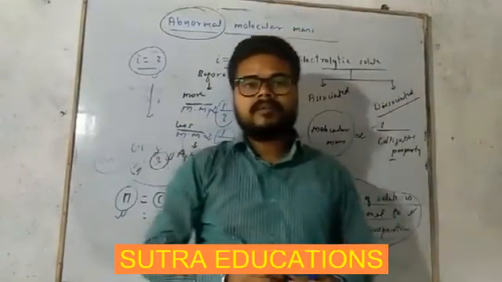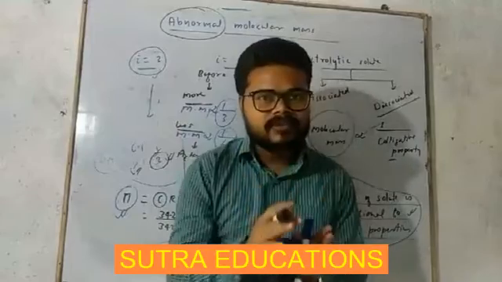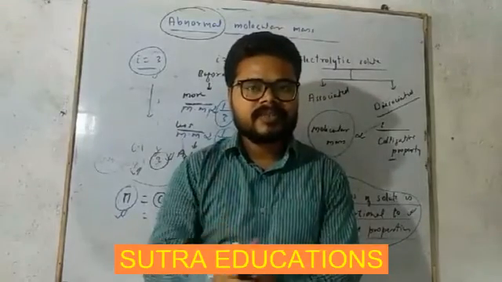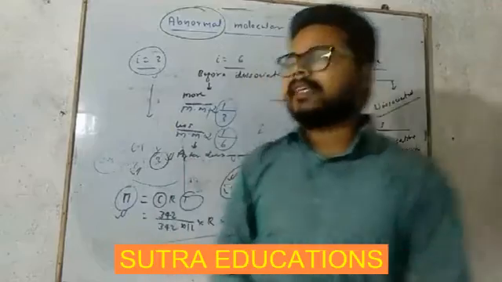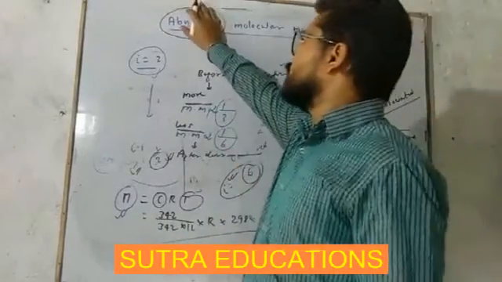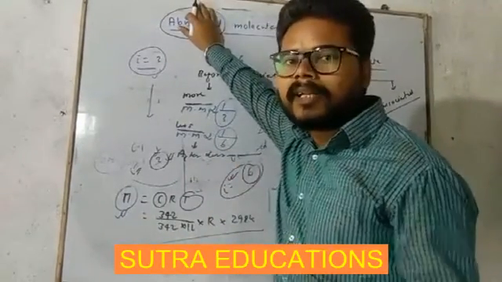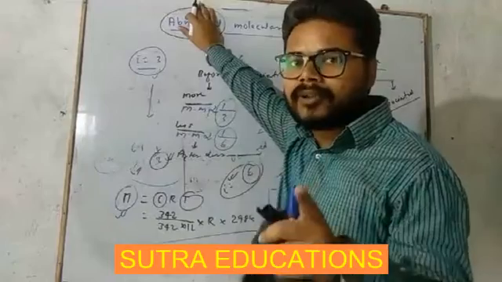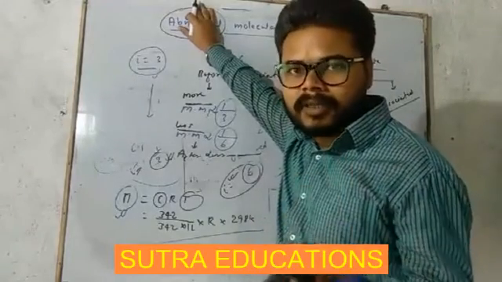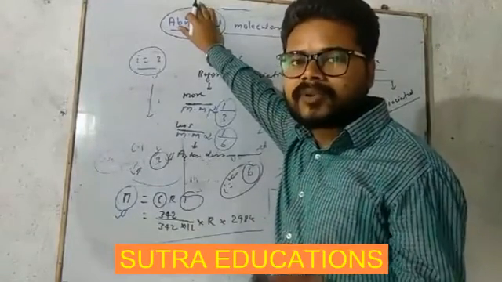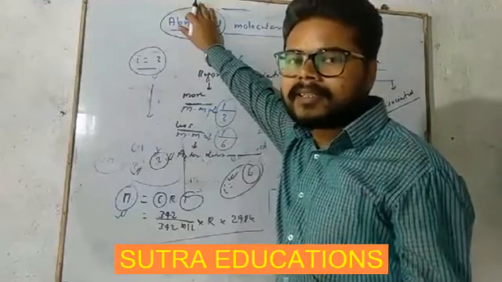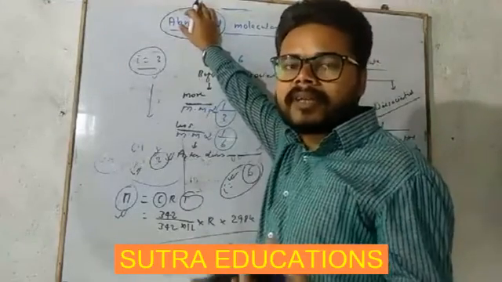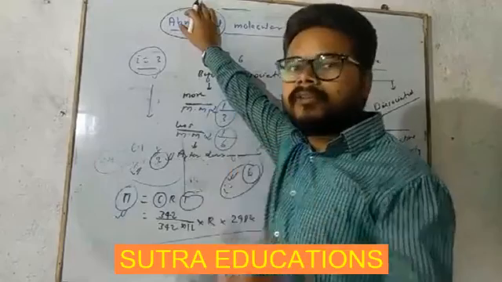Getting this or not? If there is no association or dissociation, meaning the solute is a non-electrolyte, then we will say it is the normal molecular mass. But when it is an electrolytic solute, then either association or dissociation of the solute will take place, and the van 't Hoff factor is going to either increase or decrease.